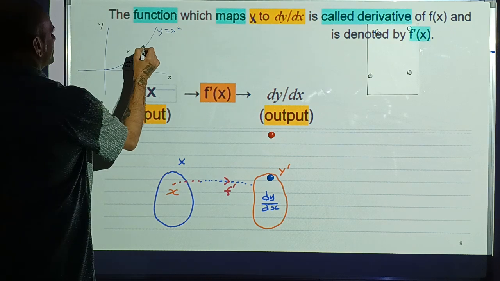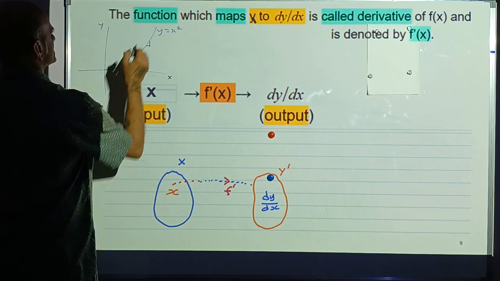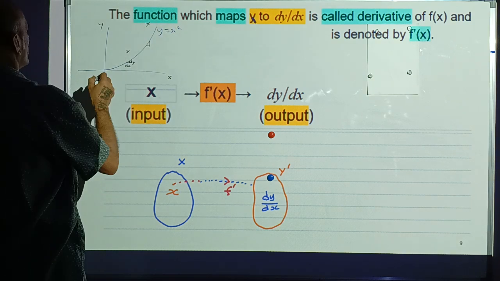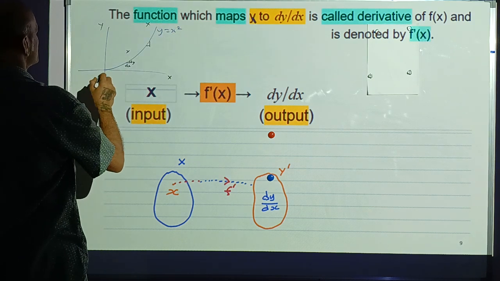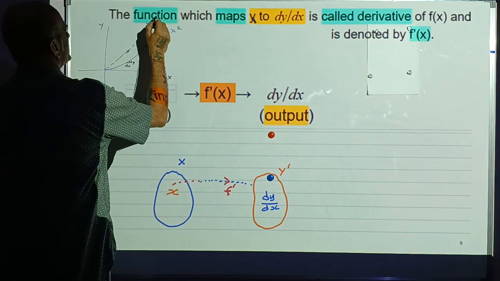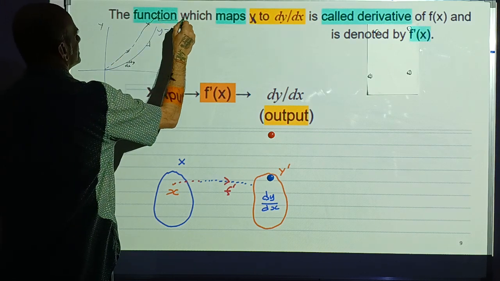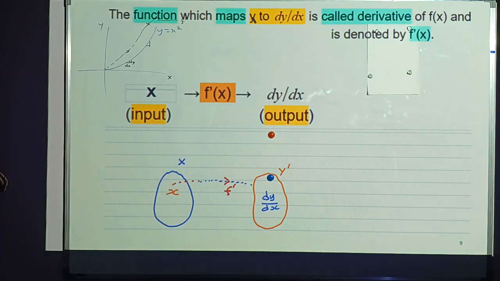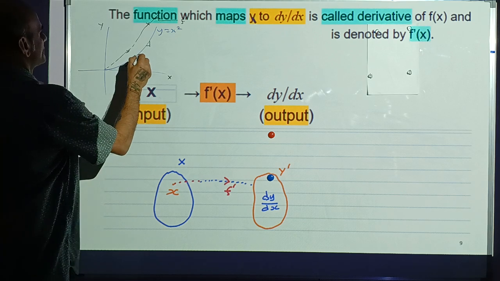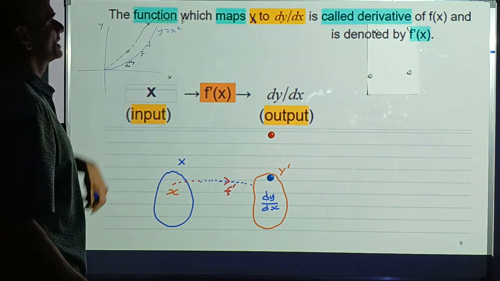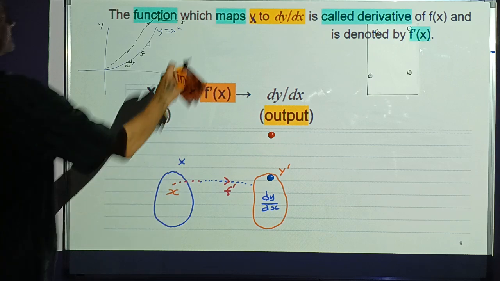Similarly I can go to another point and find dy by dx, which will be some other value. At any point I can find the value of dy by dx, and I can join all these points to get a function which is denoted by f dash, which is based on f. That function is called the derivative of the function f, denoted by f dash.